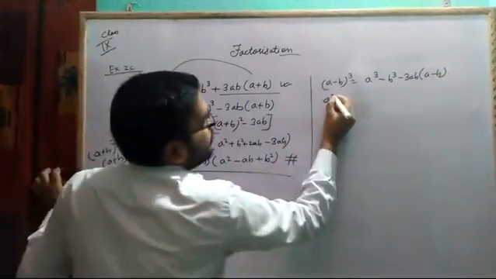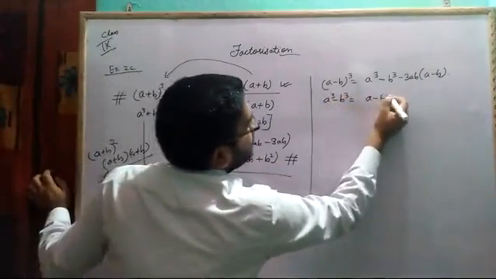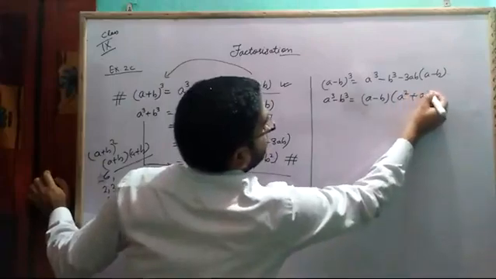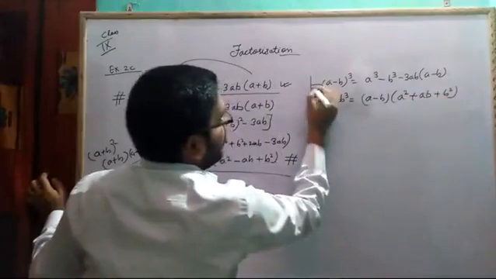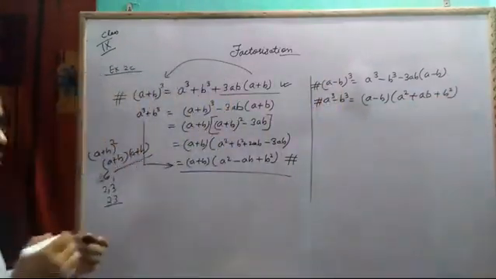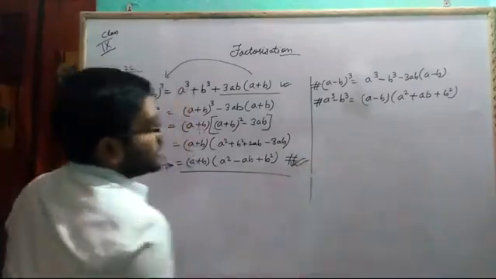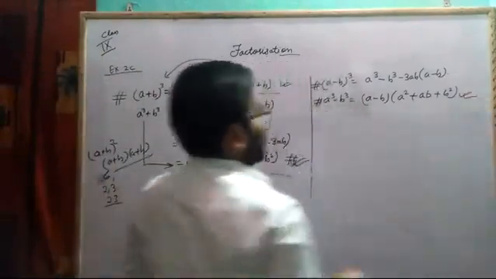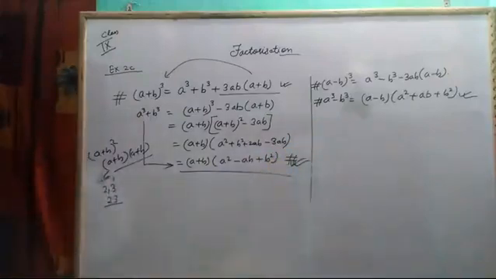Now a cube minus b cube will be equal to (a minus b) multiplied with (a square plus ab plus b square). So this formula we know, this formula we have to bring to our mind. In this chapter, in this exercise, mostly we will be using these two formulas to simplify the problems.